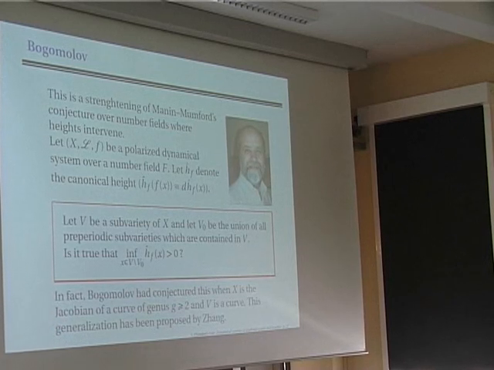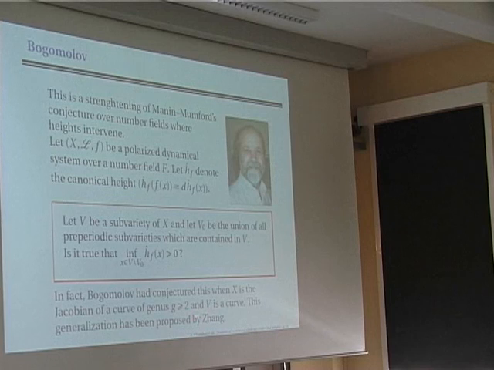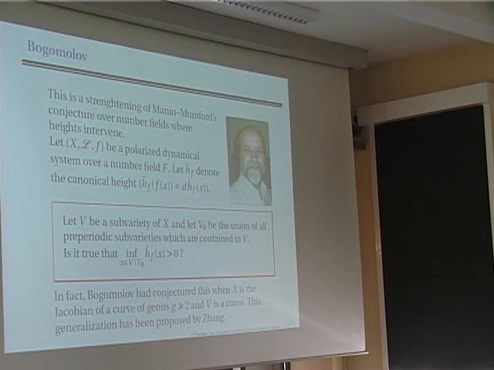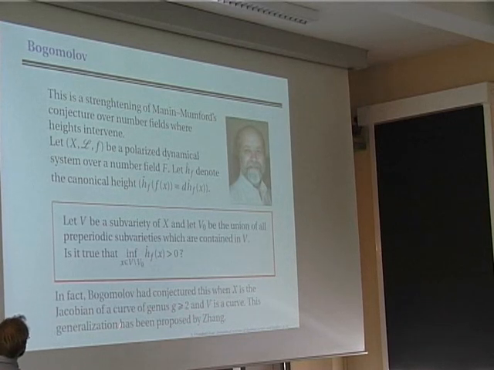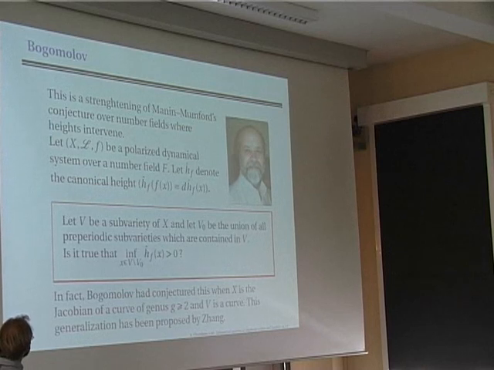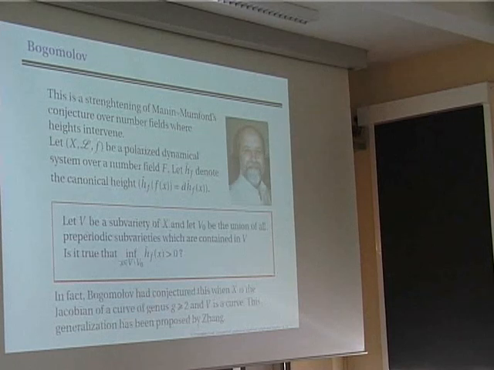In fact, Bogomolov had conjectured this when X is a Jacobian of a curve of genus greater than 2, and V is the curve. This generalization has been proposed by Shou-Wu Zhang.